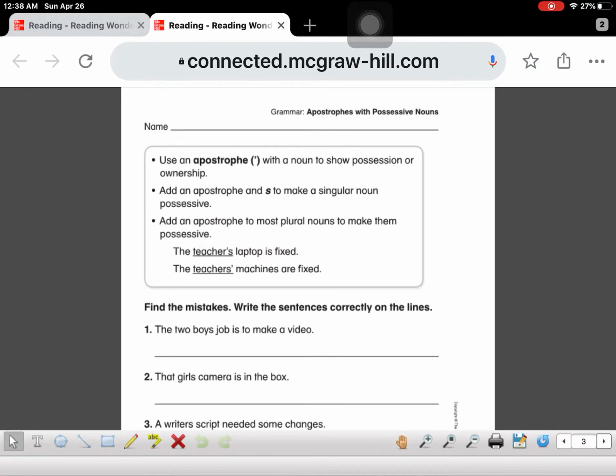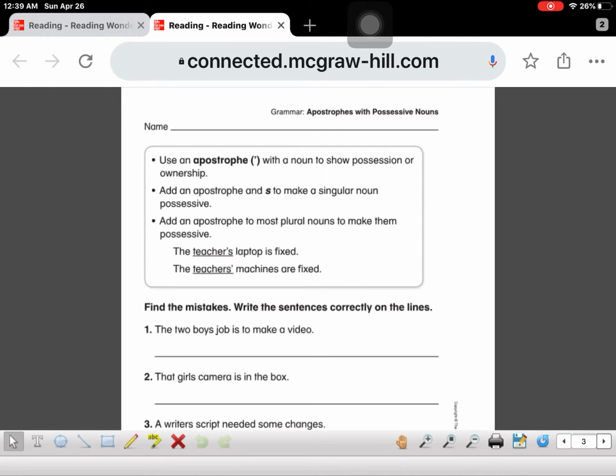Now, there is a box with a gray line around it. This is some important information that you will need in order to help you complete the work below. So, let's look at bullet number 1. It says, use an apostrophe, and do you see that apostrophe inside the parentheses?